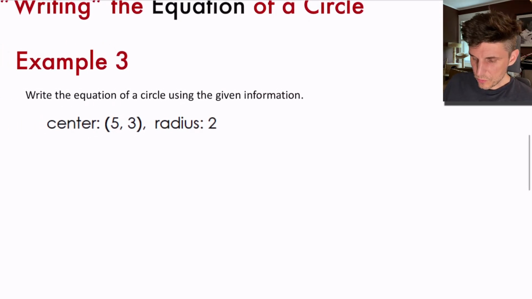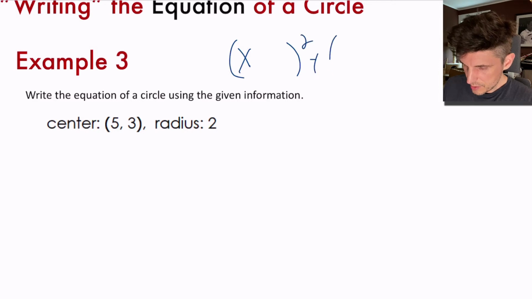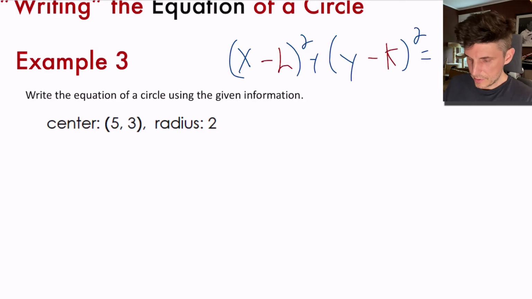So let's review what the standard equation of a circle is again. The standard equation of a circle is (x minus h) squared plus (y minus k) squared equals r squared, with center at (h, k).